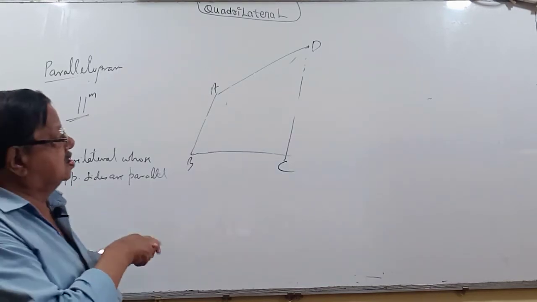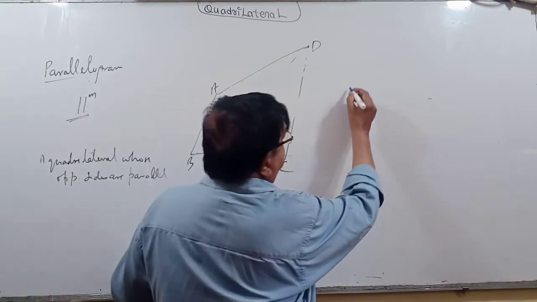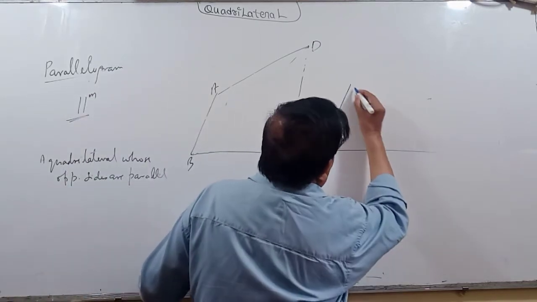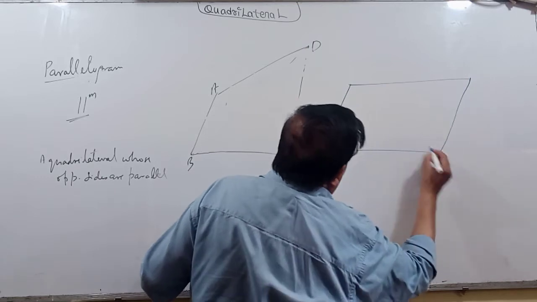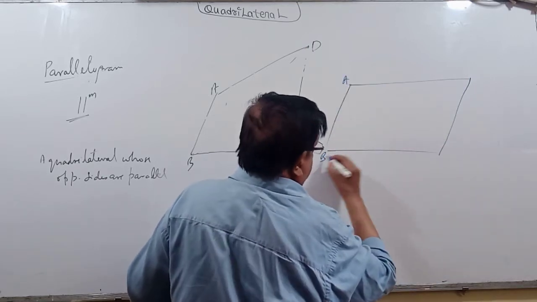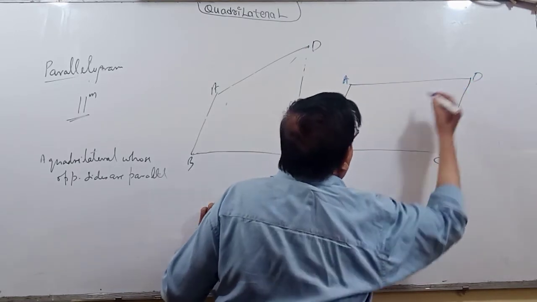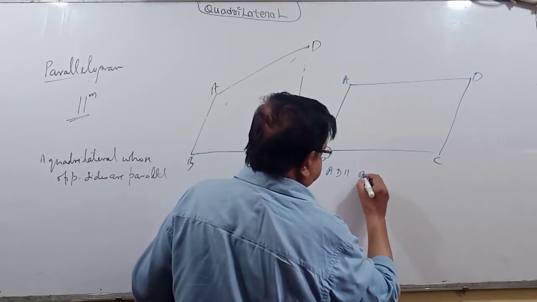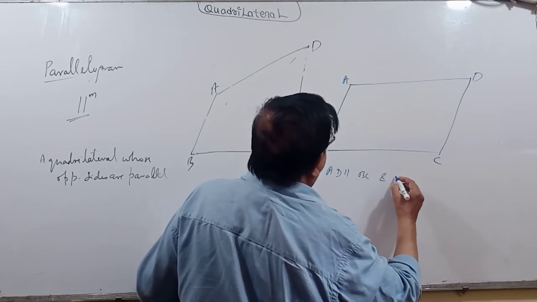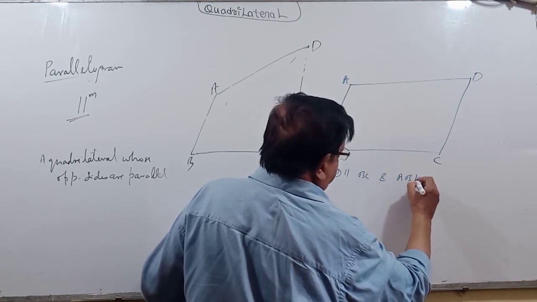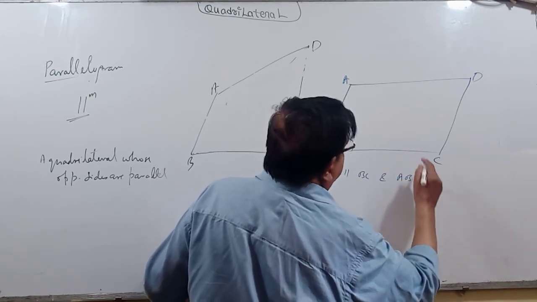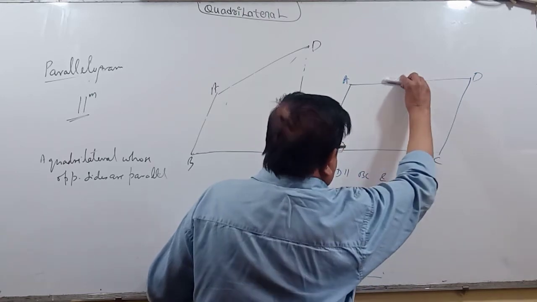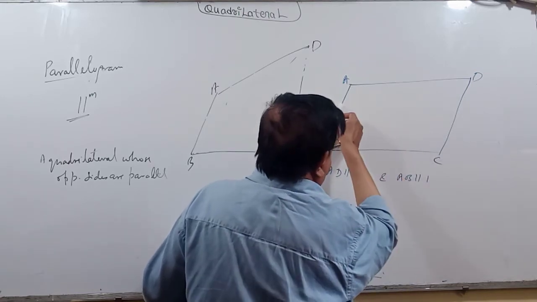So let us see a parallelogram. AD is parallel to BC and AB parallel to DC.